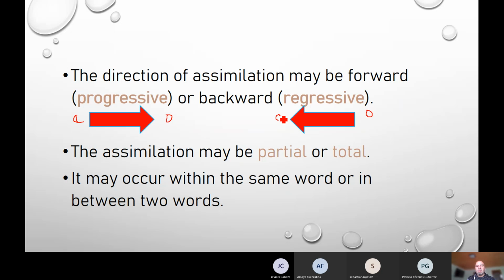So you can go forward or you can go backwards. In the example "in bath", we have this sound being influenced by the bilabial "b". Do you think it's a progressive or a regressive case of assimilation?